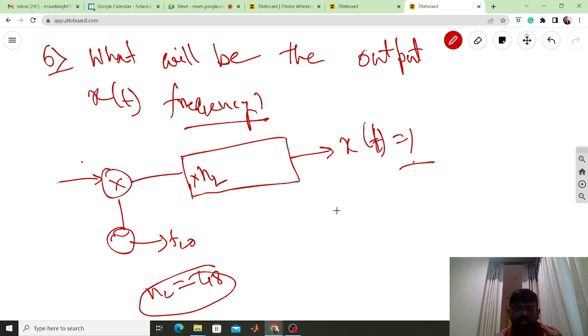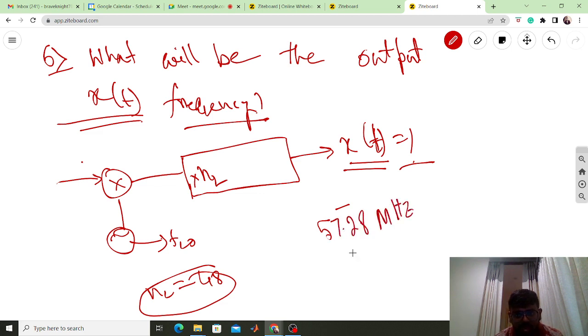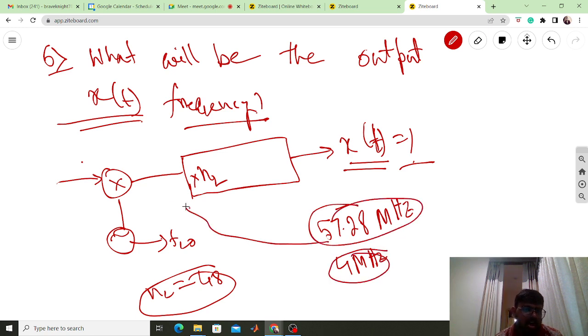What is the frequency of this xt signal? And to remember the answer of the last question, the frequencies were 57.28 megahertz and 4 megahertz. These two were the output here.